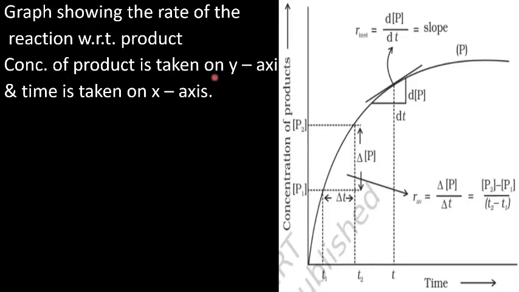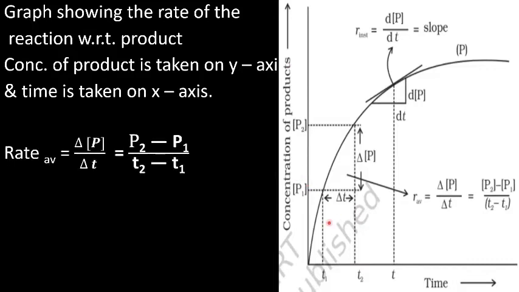The concentration of product is taken on the y-axis and time on the x-axis. Now average rate equals delta P by delta T equals P2 minus P1 by T2 minus T1. Here please note that the change in concentration of product is a positive value because the concentration goes on increasing. So this is the average rate.